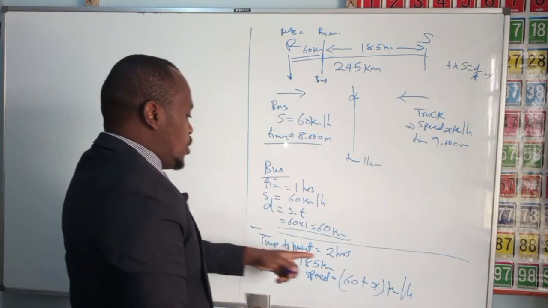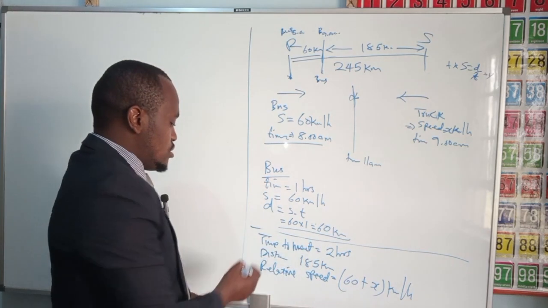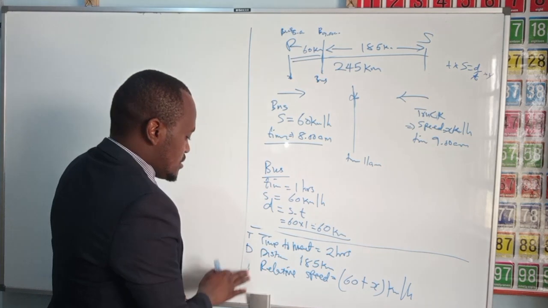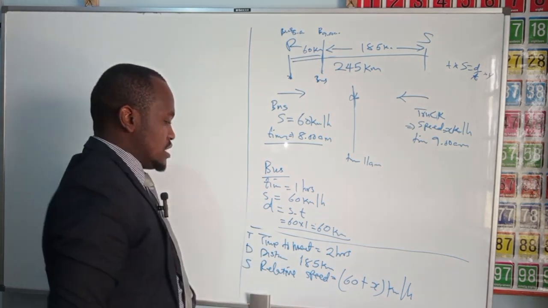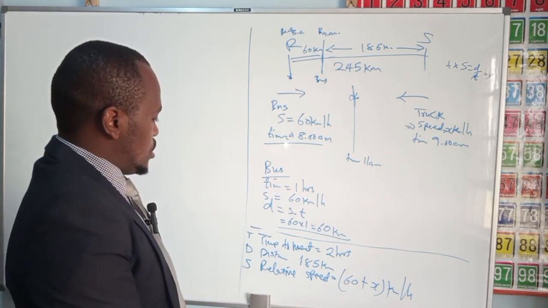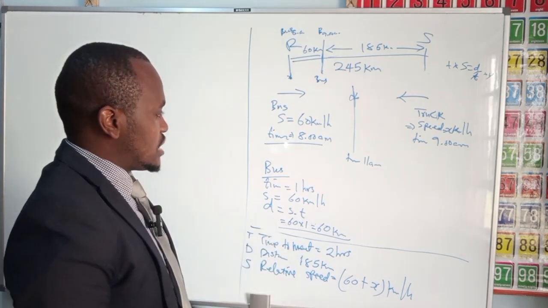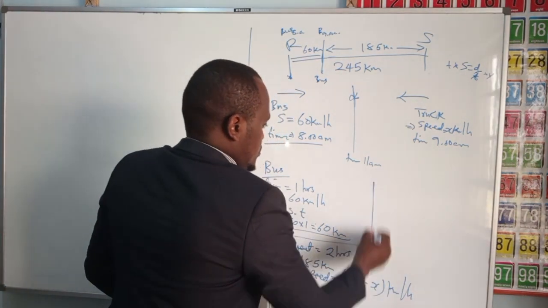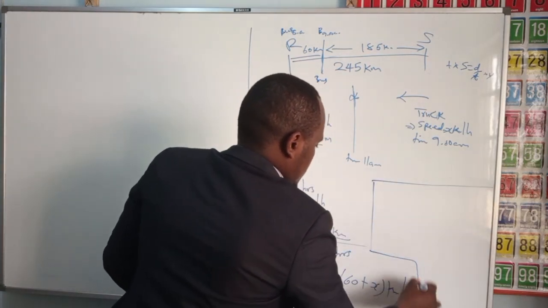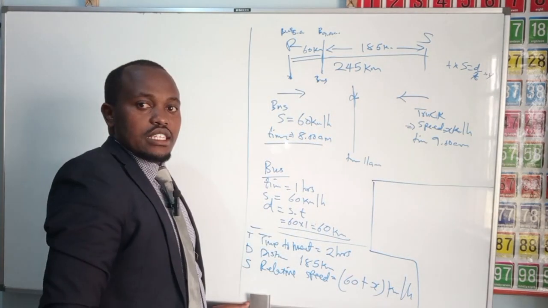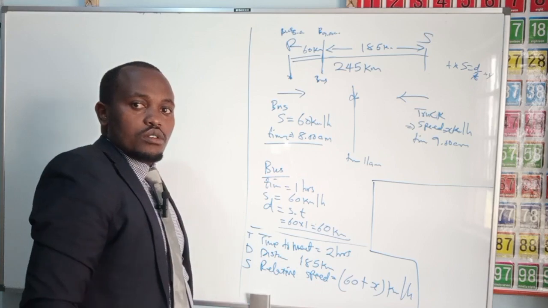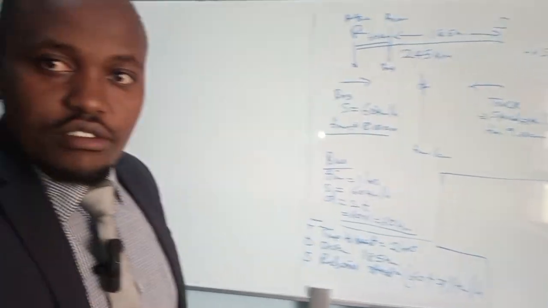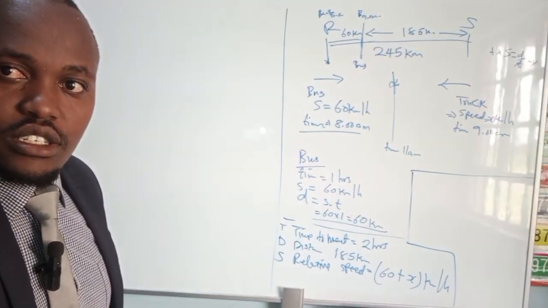Now, how do you equate these three? You have time, you have distance, and you have speed. We know speed is equal to distance over time. For purposes of clarity, let us do it here.